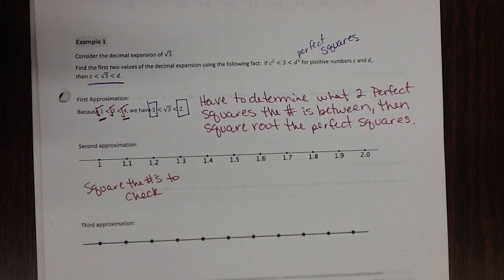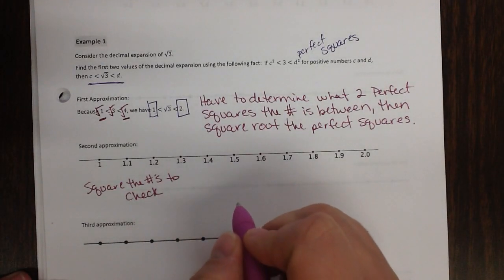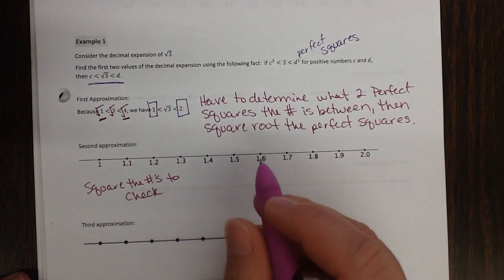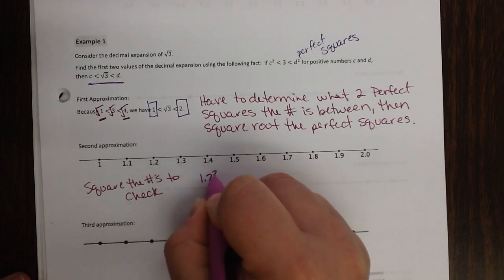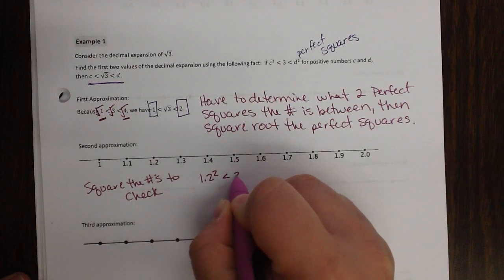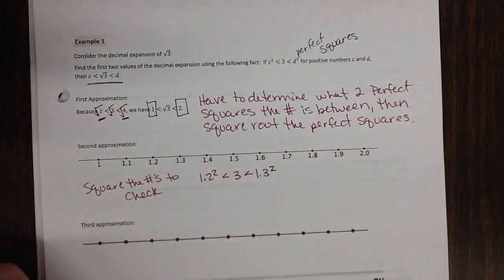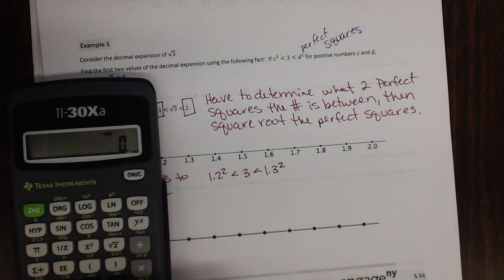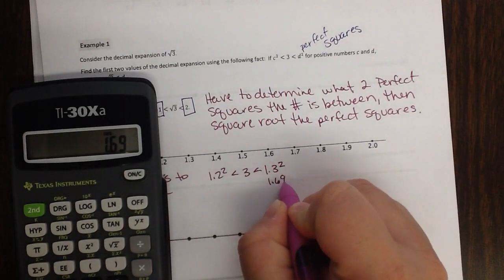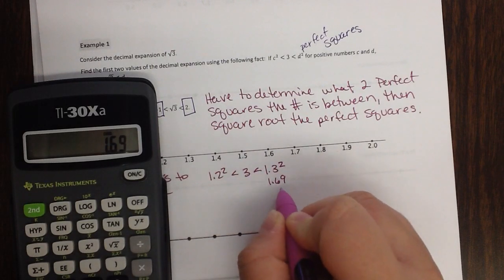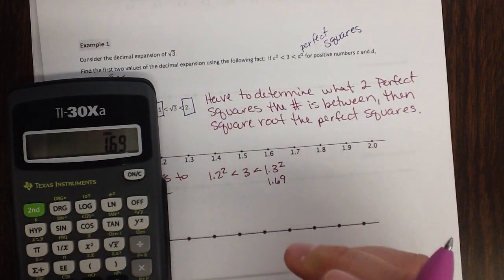So 1.2 squared, is that less than 3, and is 3 less than 1.3 squared? Well, if we do 1.3 times 1.3, we get 1.69. 3 is not less than 1.69, so that doesn't work.